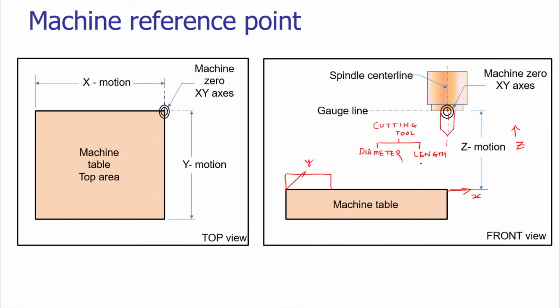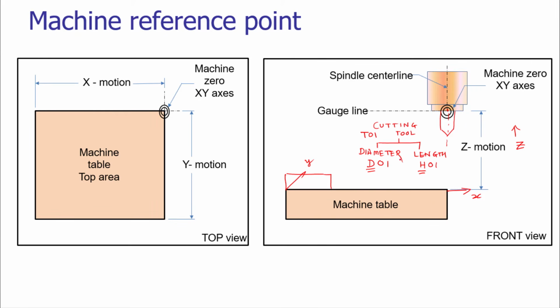So the length is designated by the letter H and the diameter is designated by using the letter D. So D01 and H01. The 01 is the number of the tool, cutting tool T01. So tool number 01 is having diameter with respect to the 01 and length with respect to the 01.